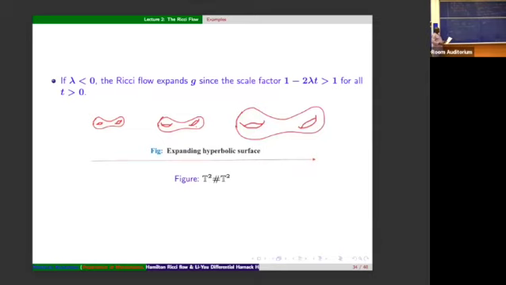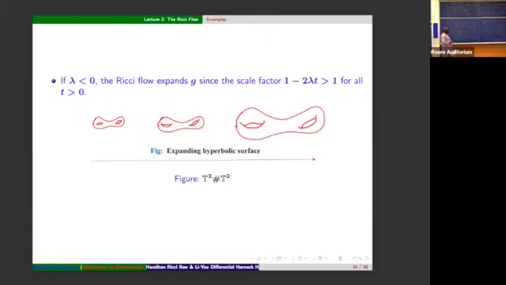Then for the expanding case, if lambda is less than 0, the Ricci flow expands G. And since the scale factor that we have there, 1 minus 2 lambda t, will be greater than 1 for all t greater than 0, you have the one of negative curvature. This is a manifold with genus equal to 2 here, or maybe a double torus.